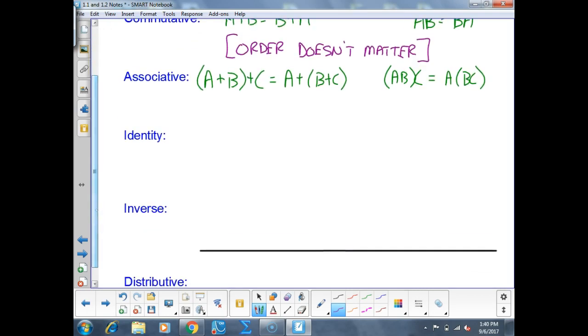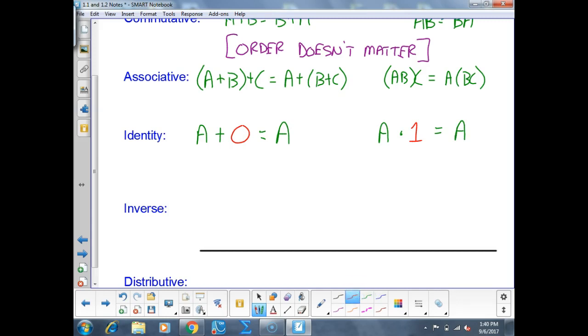The identity property says that if you have A plus something, and that something is 0, you get A back. So if I add 0, nothing changes. Okay? Multiplication, it says that if I multiply by 1, nothing changes. Okay?